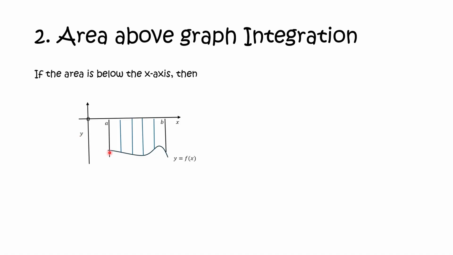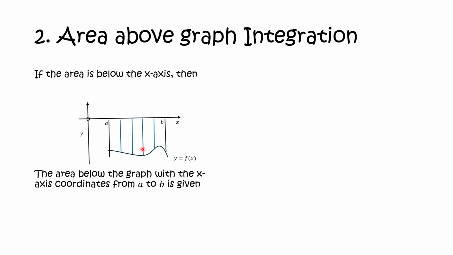Now, let's take a look at another scenario. If the area happens to be below the x-axis, so recall in the previous section, the area was from the x-axis to the curve. So the curve was above the x-axis, but this time around we are saying the curve is below the x-axis.